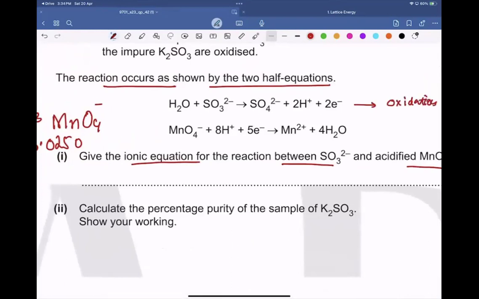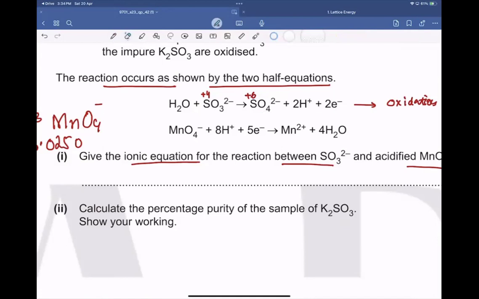So if you see here, isn't oxidation taking place? Because if you look over here, this sulfur has an oxidation number of +4, because there are three oxygens, which makes it -6, and the net charge is -2. And over here, sulfur has an oxidation number of +6, because there are four oxygens, which makes it -8, and the net charge is -2, which means it's +6.